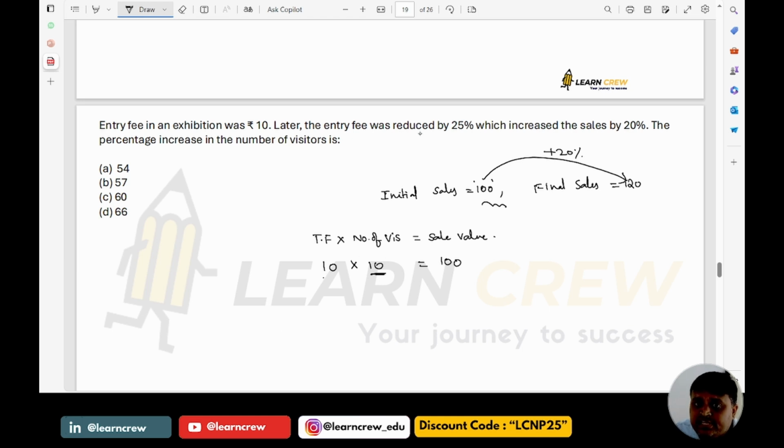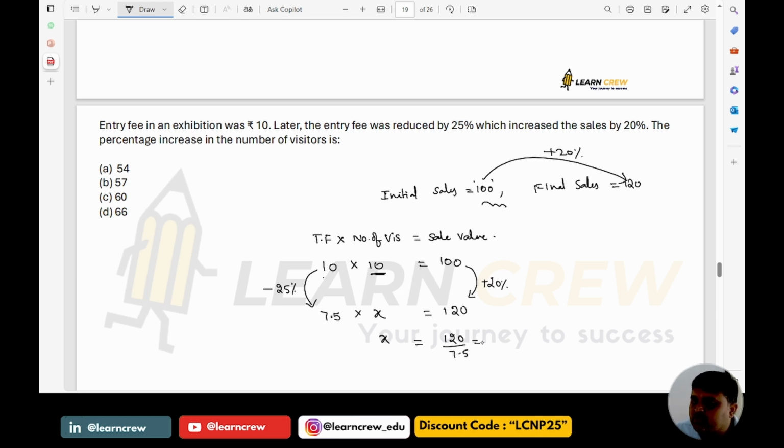Now the entry fee was reduced by 25%. So 10 reduced by 25% becomes 7.5. Then how many visitors have to be there so that the sale value is increased by 20% and becomes 120? So this x would be 120 by 7.5.